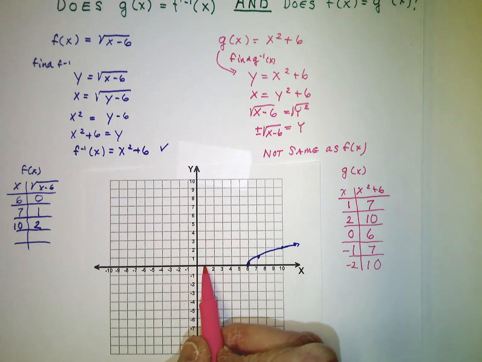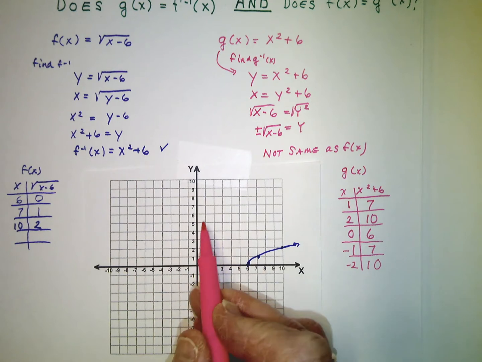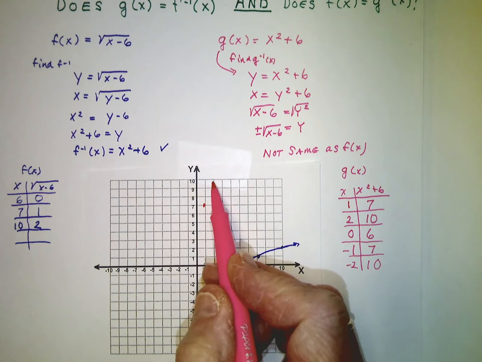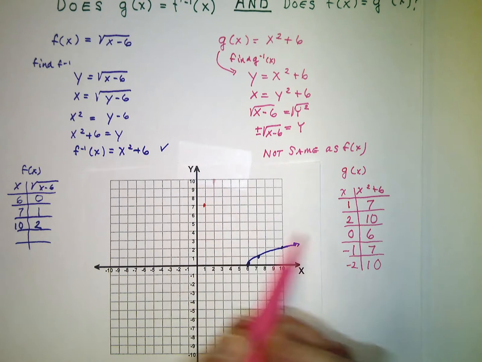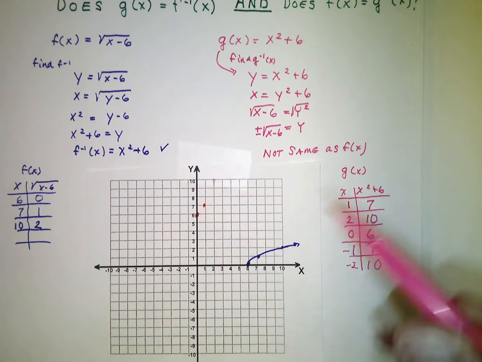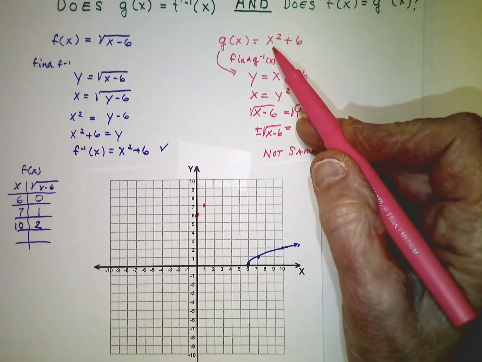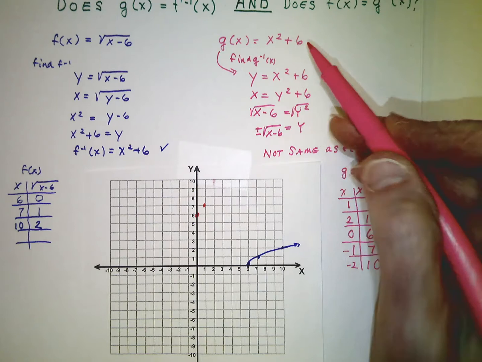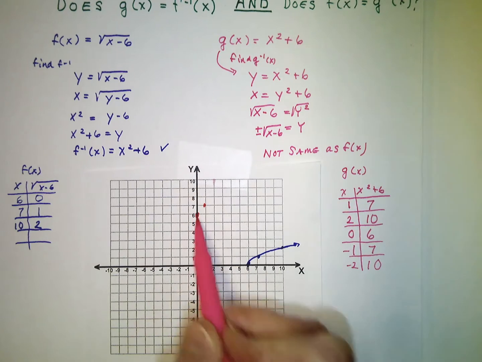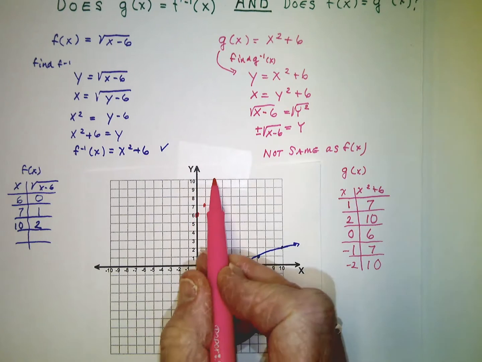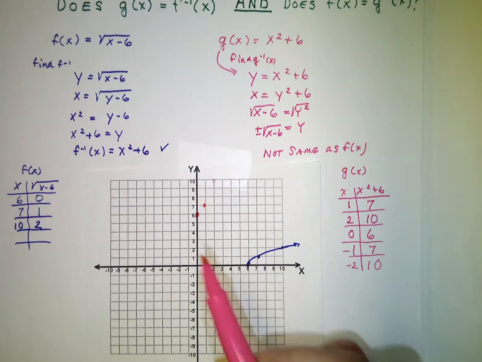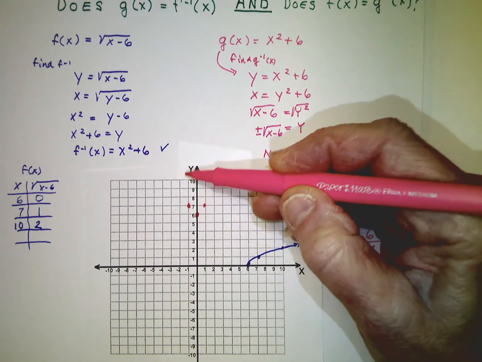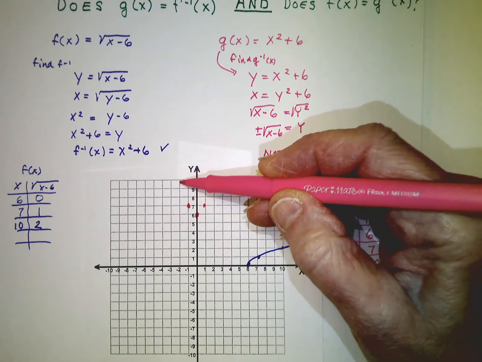But you knew all along from that parent function of x squared, if we put a plus 6 on the end, that it would raise the whole parabola up 6 bases.